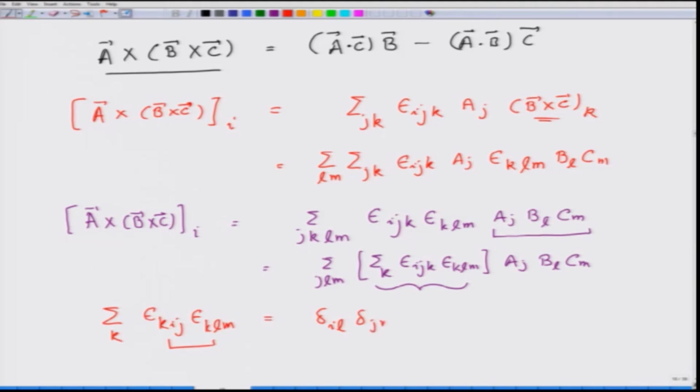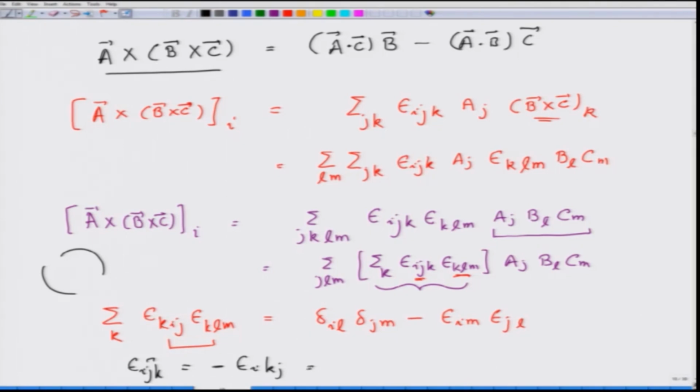So, I want to bring epsilon_ijk into the klm form. Let us do that. Epsilon_ijk, I can switch j and k and write this as epsilon_ikj and pick up a minus sign, because now I have changed the direction in that circle, in the clock.